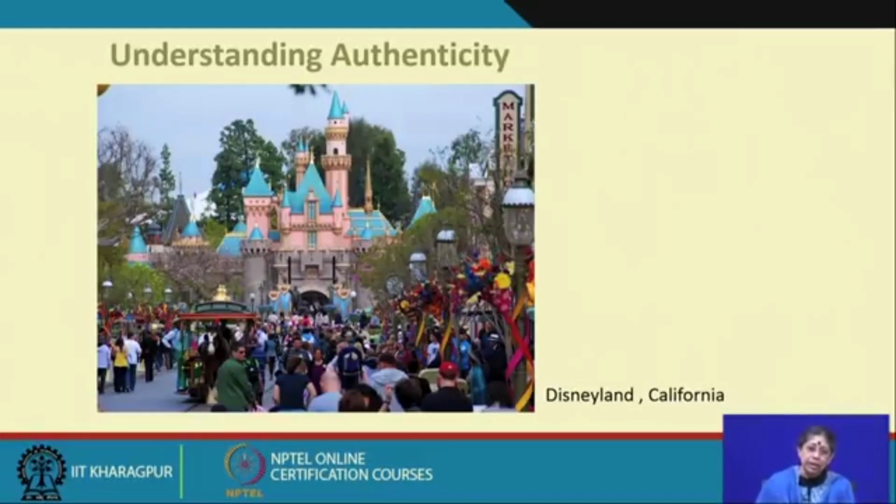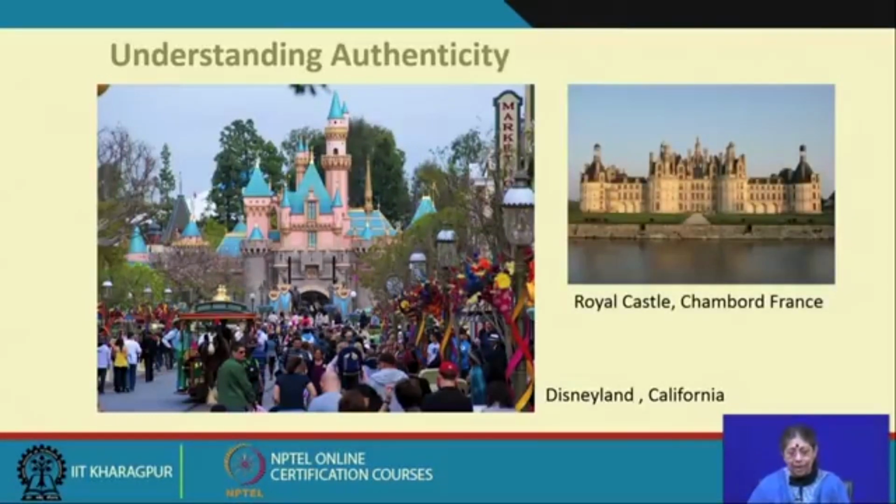So, in the context of Disneyland, it is not fake, because it is an illusory castle that they are trying to make, and it is not trying to pose as a real castle. So, we can't say that it is not authentic. In the context of Disneyland, it is absolutely fine. We can't compare that with another royal castle or the series of castles which are there, like here in France we see a castle.